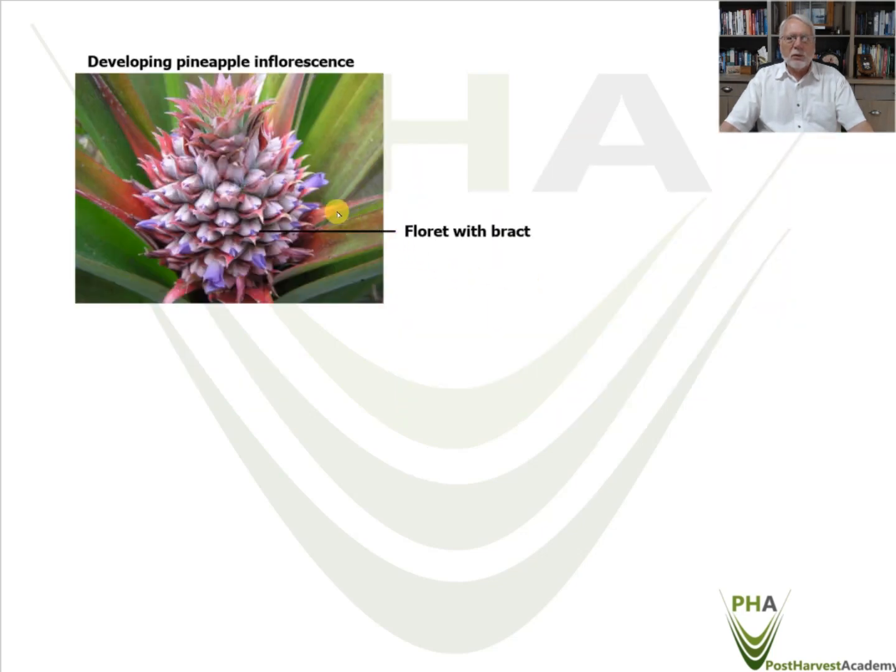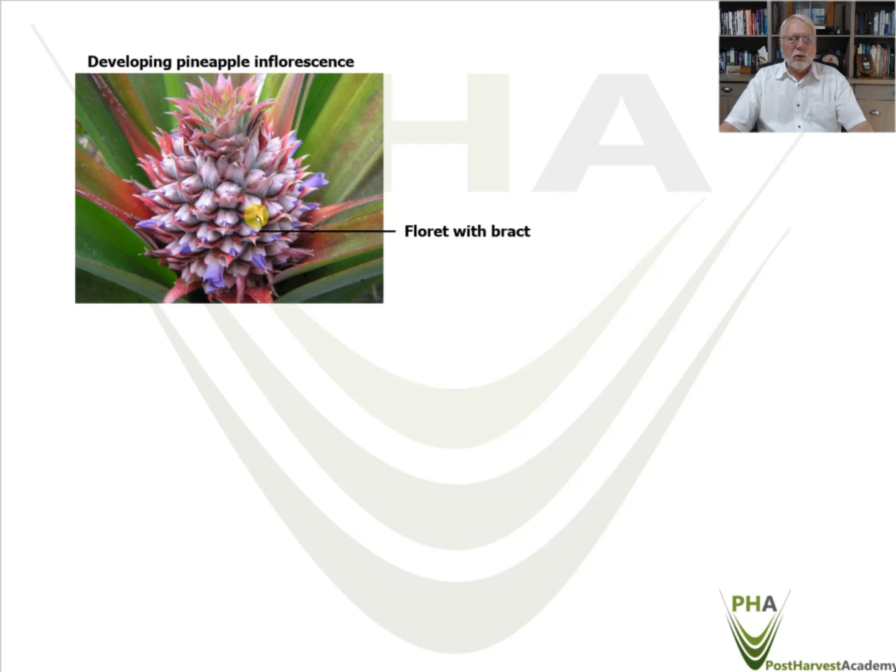In pineapple, the florets are arranged in an inflorescence on an inflorescence axis, and the inflorescence is defined as the arrangement of a cluster of flowers on a floral axis. The ovaries of these little florets develop into fruitlets, which then coalesce into a large, compact, multiple fruit.